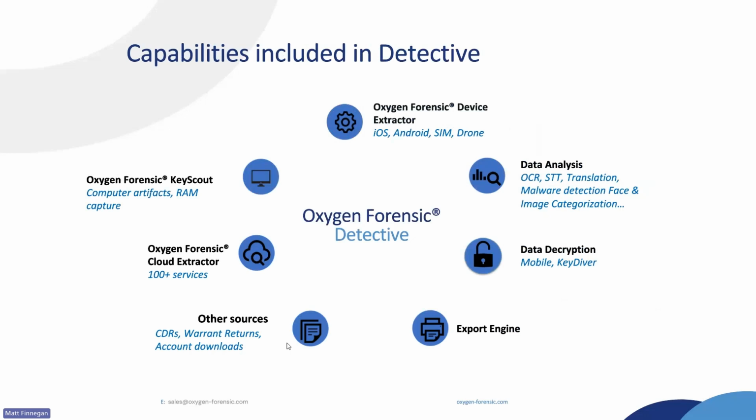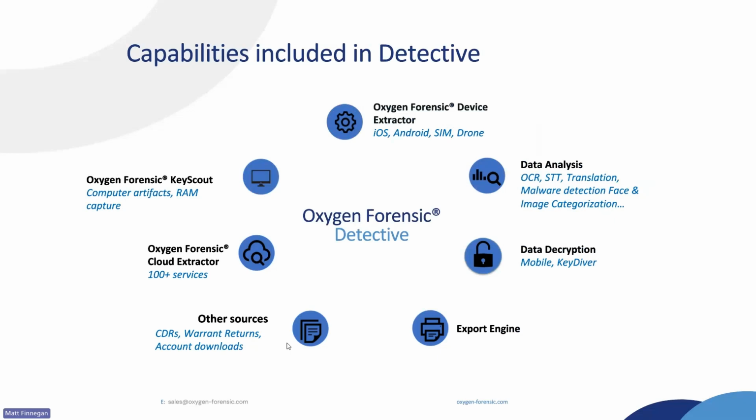The next slide is just talking about a few of the capabilities. There are quite a lot of things in Detective. It's a very big tool with a lot of features. So for example, it has the device extractor, which can extract data from phones. It has Key Scout, which can extract data from computers, and the cloud extractor for cloud sources. It can also import data for analysis from lots and lots of different sources, whether they're warrant returns or CDR or the account downloads, things like the Google Takeout or Snapchat My Data.